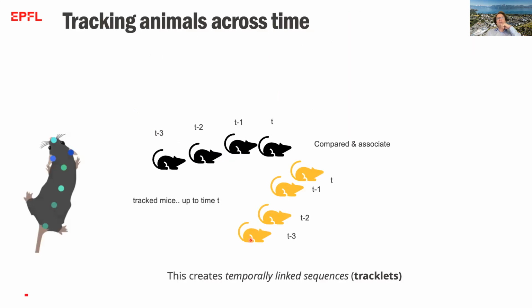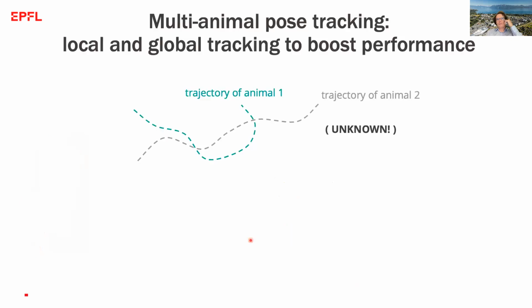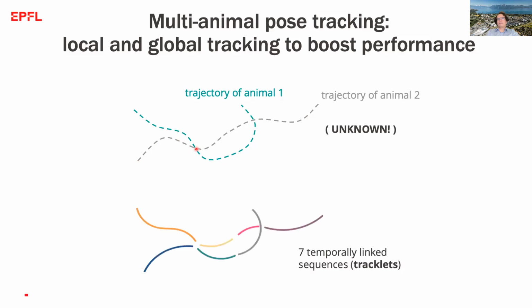Now keep in mind that this is not the complete solution to the tracking problem, because a priori, let's say we have these two trajectories of two mice depicted here in blue and in gray, and in this case, there are of course two time points where they come very closely together. Obviously, these time points are extremely challenging for a local tracking algorithm.